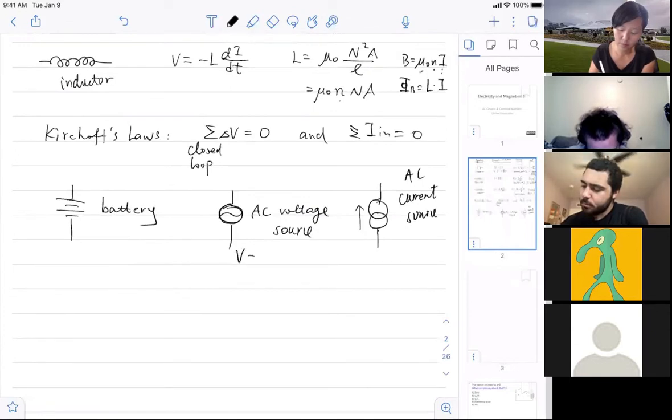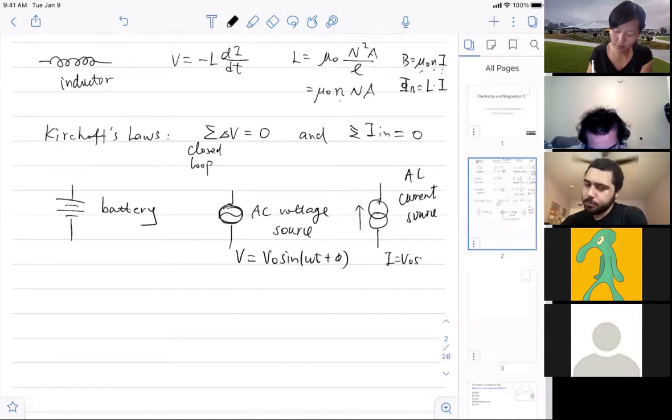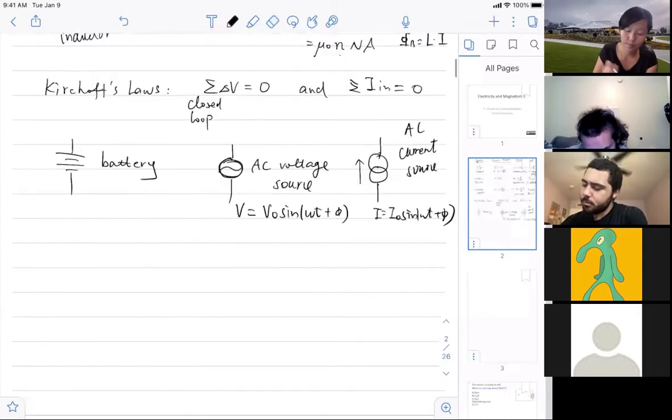So for example, you can have a sinusoidal source, which changes with respect to time like this, for both the current and the voltage. So current could also be something like this. So that's all our symbols.